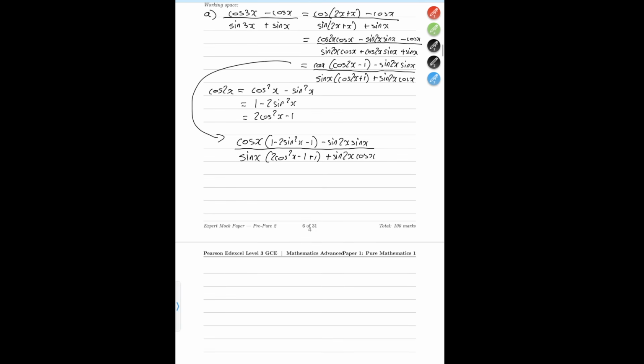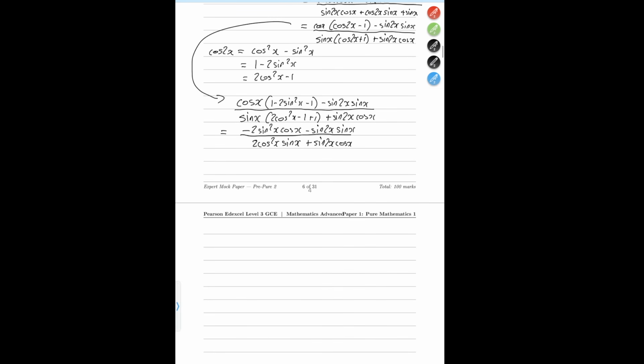Now, let's expand this. So we're going to get minus 2 sine squared x cos x minus sine 2x sine x, all over 2 cos squared x sine x plus sine 2x cos x.